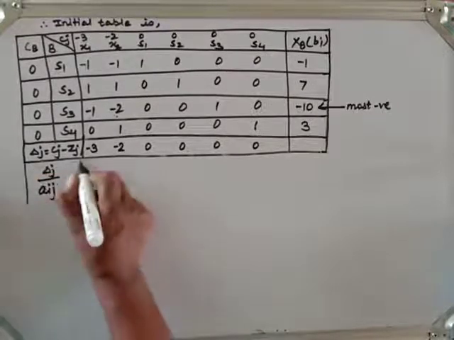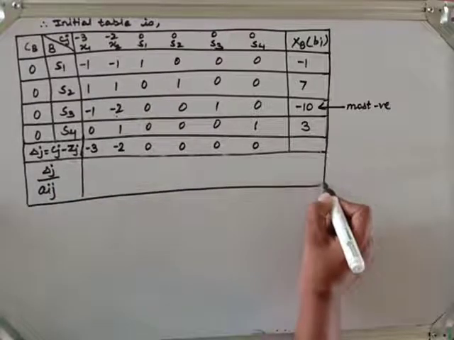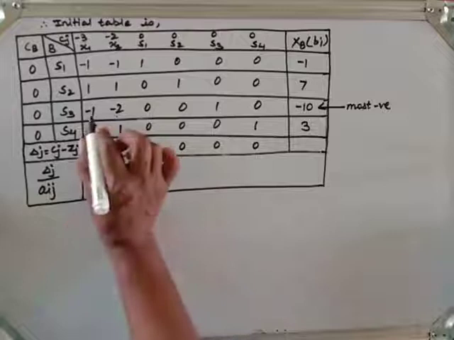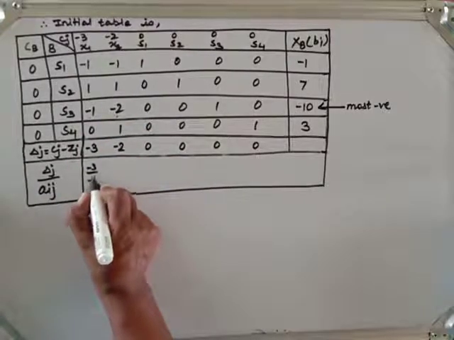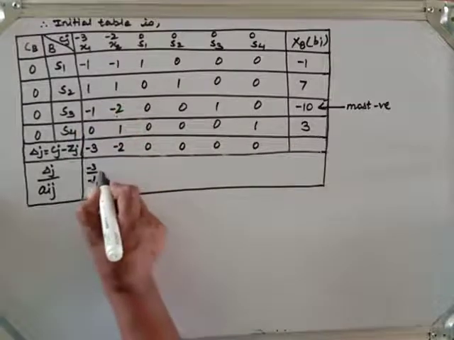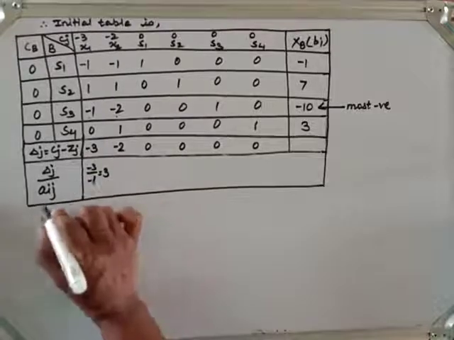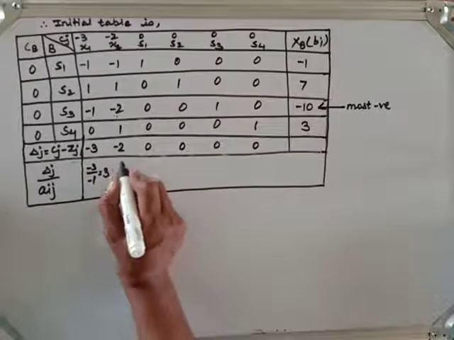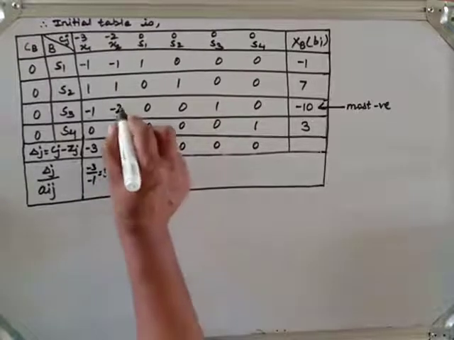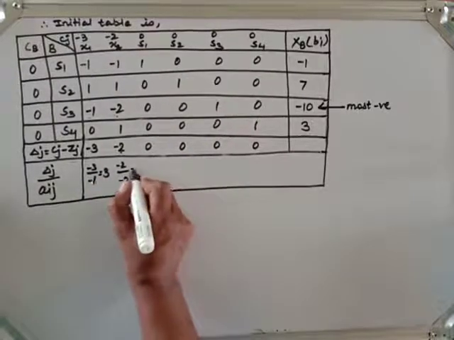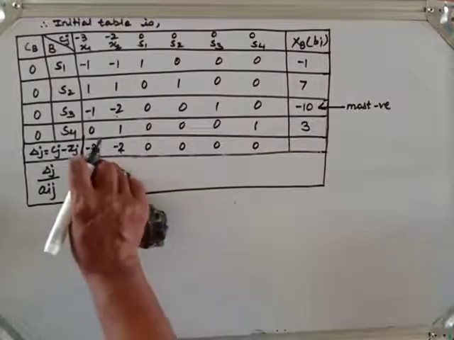So let us find del j upon aij, and we have to find this for those entries of the pivot row which are negative. Here this is minus 3 upon minus 1, so it will be 3. The first del j upon aij is 3. Similarly, the second one is minus 2 upon minus 2, which is 1.